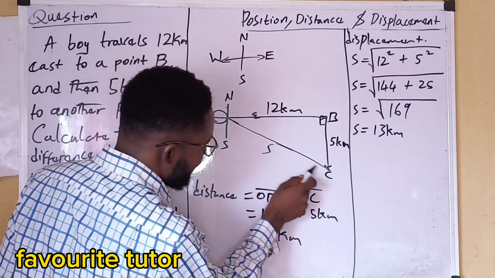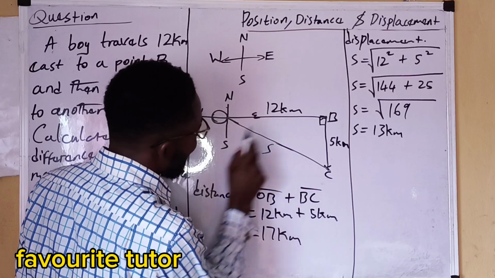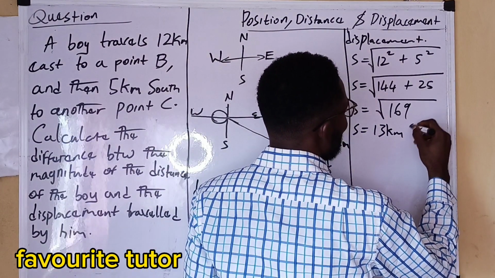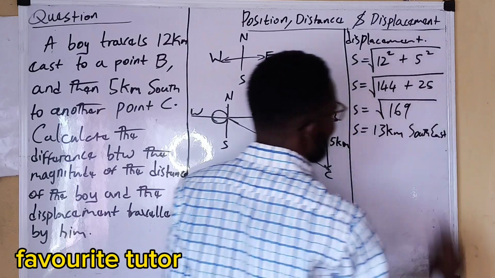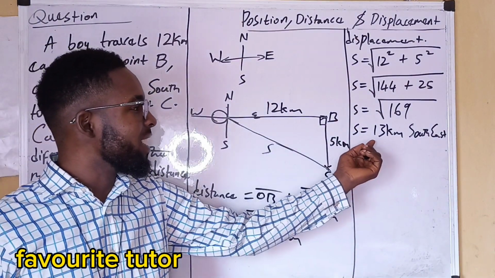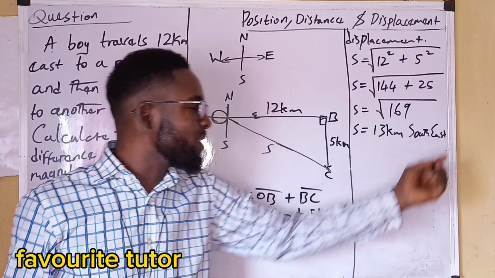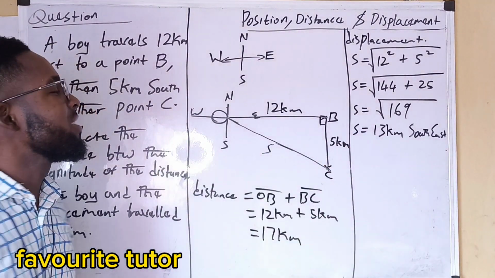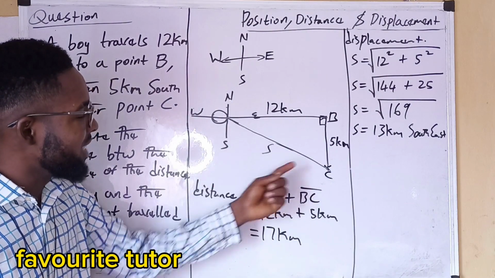Now this line is going to be south of east. 13 kilometers south east. So that is the displacement, the extent of space covered with a specified direction. Now this is the specified direction with the magnitude of the line right here.